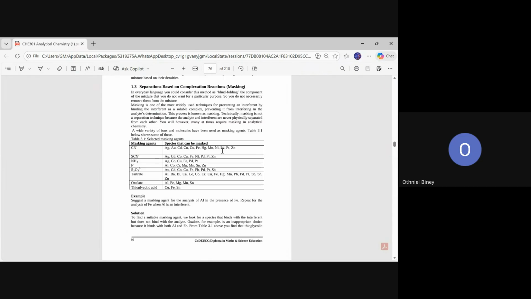So the separation based on the complexation reactions. We have masking agents.